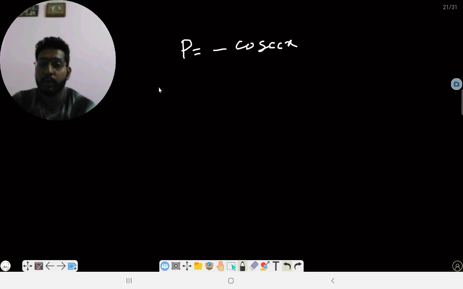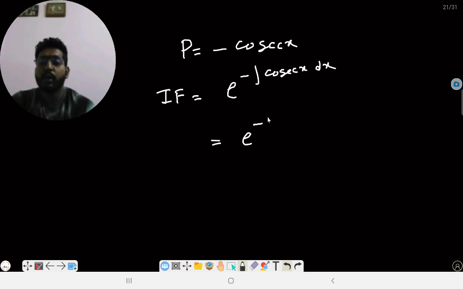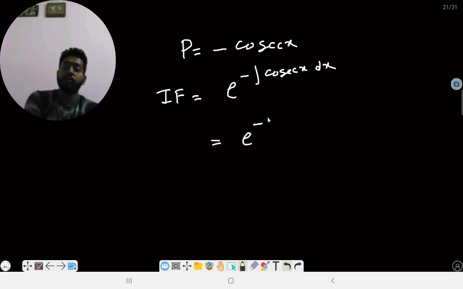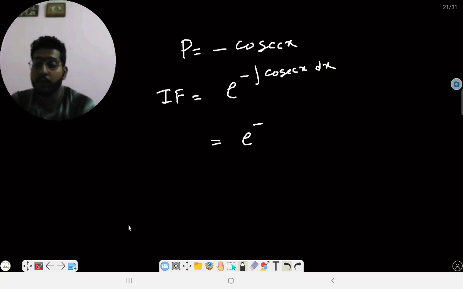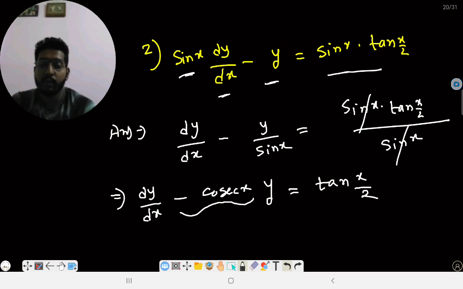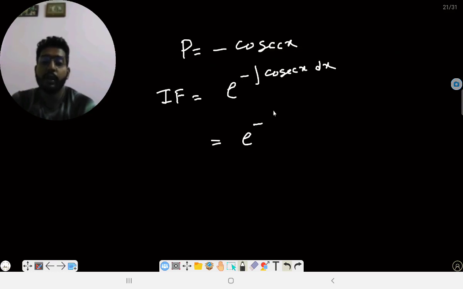From this we can see the integrating factor is e to the power minus integration of cosec x dx. Now what is the integration of cosec x? The integration of cosec x is log mod cosec x minus cot x. That one you can use, or here you can see there is a tan x by 2. There is also a formula, integration of cosec x is log mod tan x by 2.